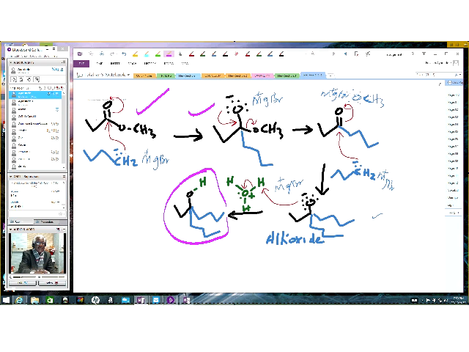The carbon of the carbonyl of the ester is acting as an electrophilic carbon, and then we have the Grignard reagent. This carbon of the Grignard is acting as a nucleophilic carbon. The nucleophile attacks the electrophilic carbon, and then you form the intermediate, which is this here. The intermediate alkoxide ion.